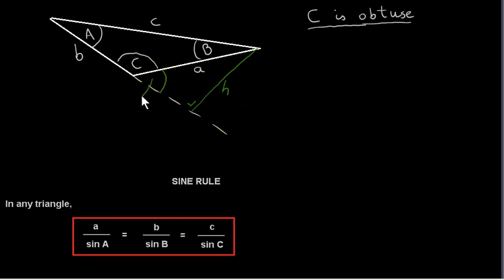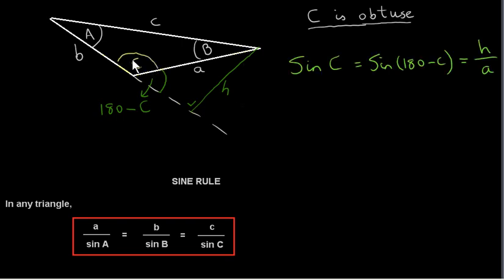Now this external angle is 180 degrees minus angle C. We consider this right angle triangle here got by getting the perpendicular height of the triangle using this side as base. So we have to extend this base, drop a perpendicular here whose height I'm calling H.